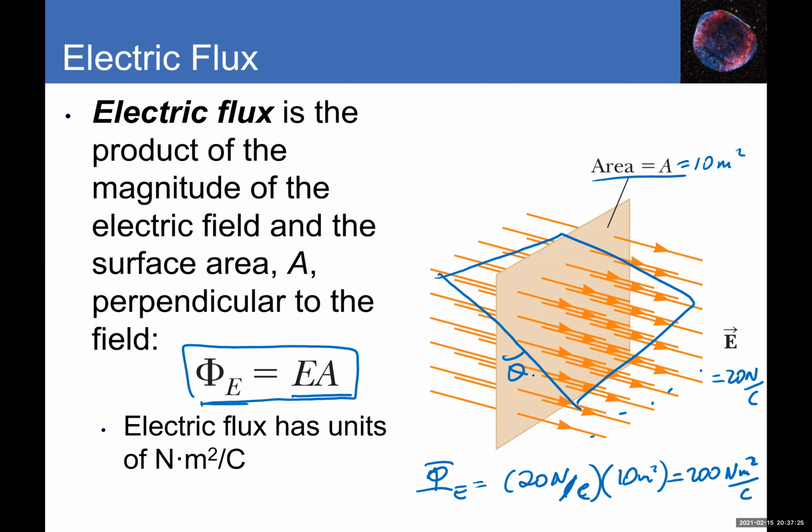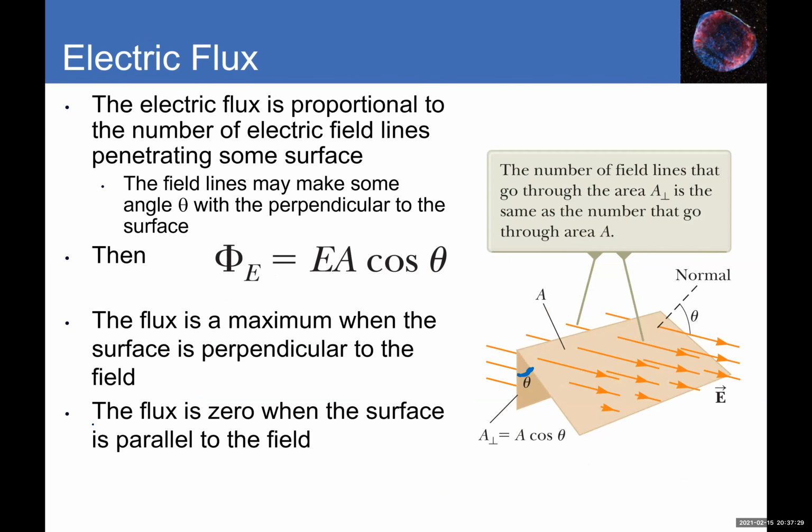But also, in order for us to calculate the electric flux for this new surface, we can see that there's a shift by this angle theta. So we need to incorporate that into the equation. The easiest way to do that is to assume that there is a vector.